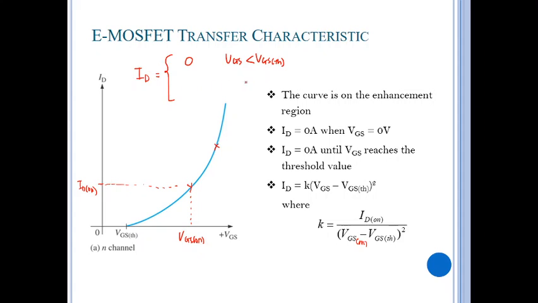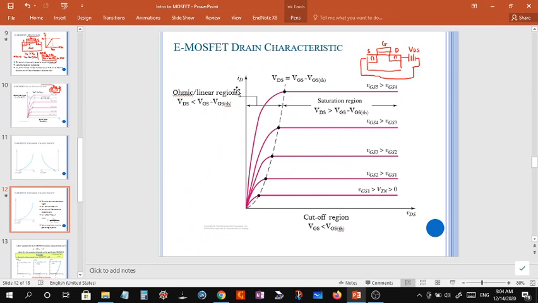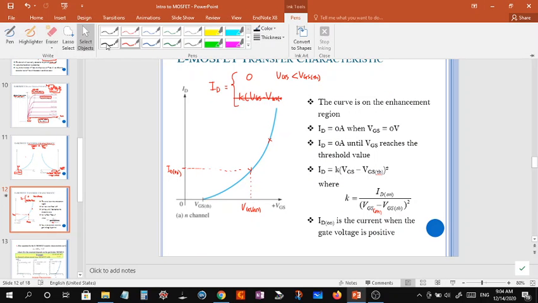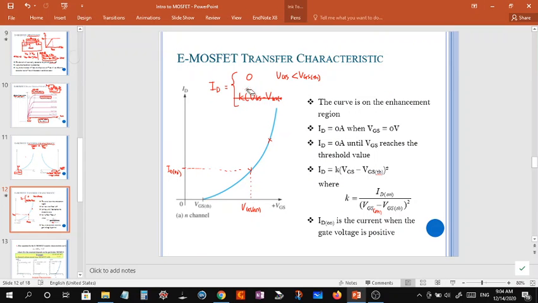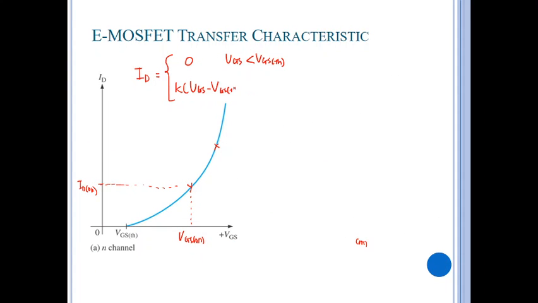ID equals K times (VGS minus VGS,TH) squared when VGS is larger than VGS,TH.